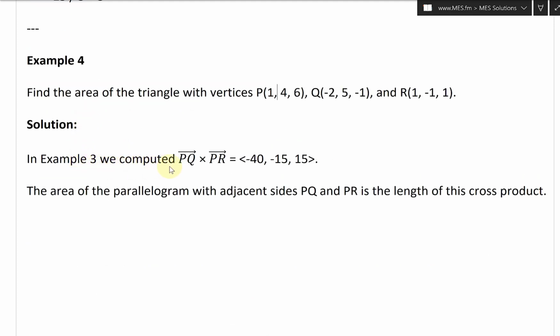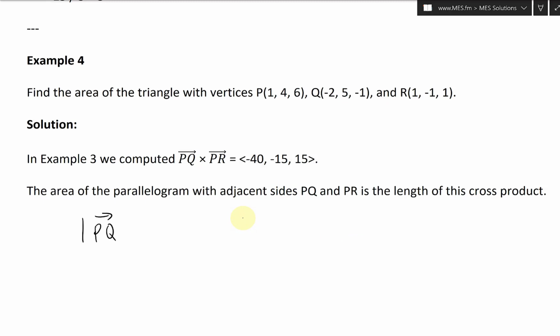In the example, we computed the cross product PQ cross PR equal to negative 40, negative 15, and 15. The area of the parallelogram with adjacent sides PQ and PR is the length of this cross product. So we just take the length, and we know the length formula. Then we're going to have to divide by 2 in a bit.